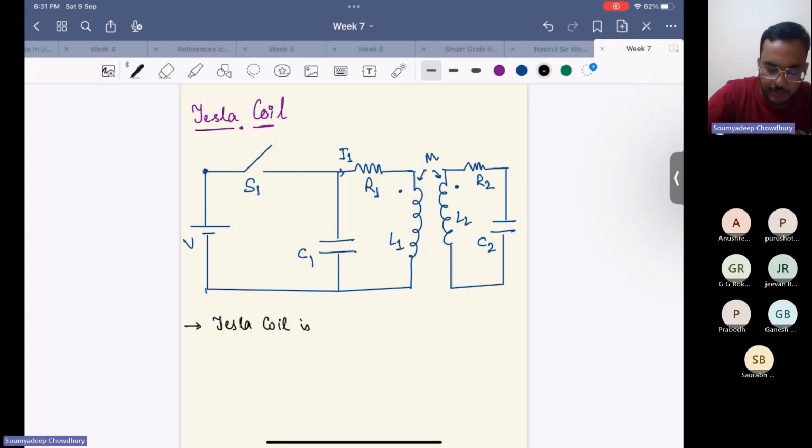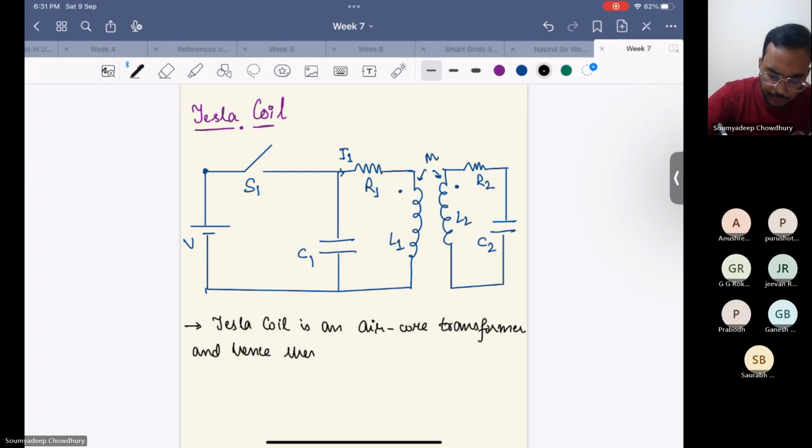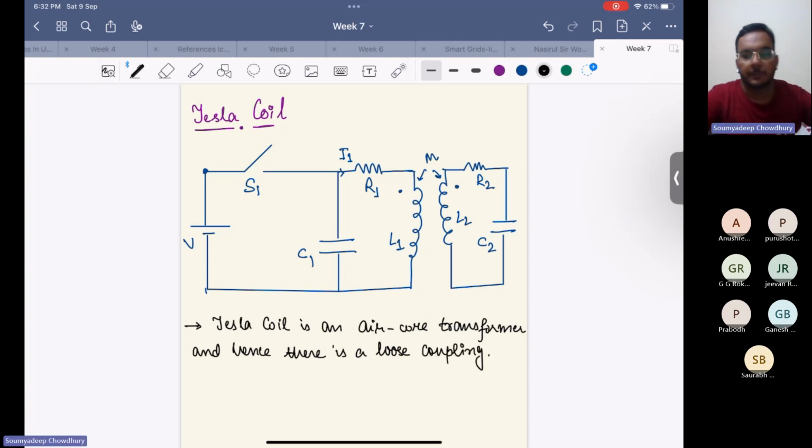Basically, the Tesla coil is an air core transformer, and hence there is a loose coupling.